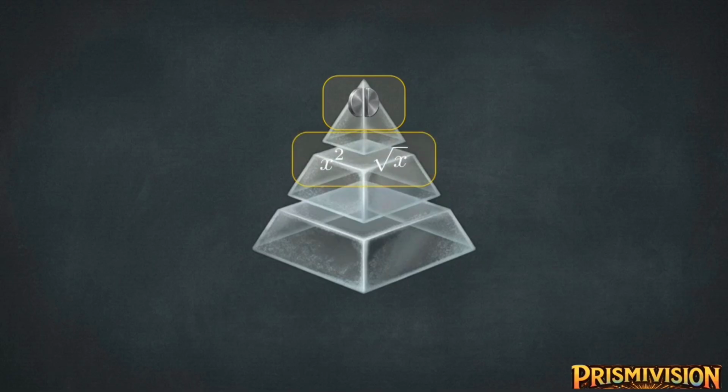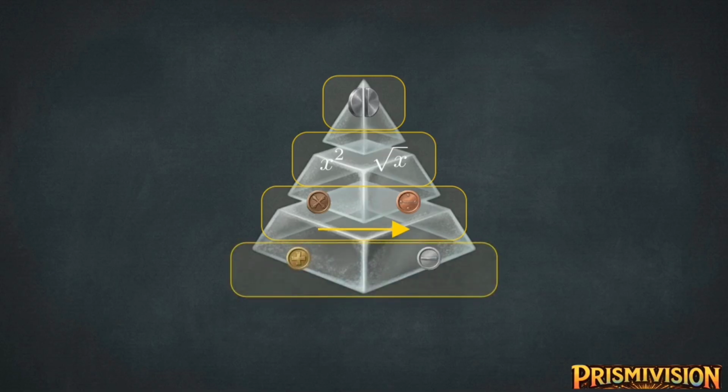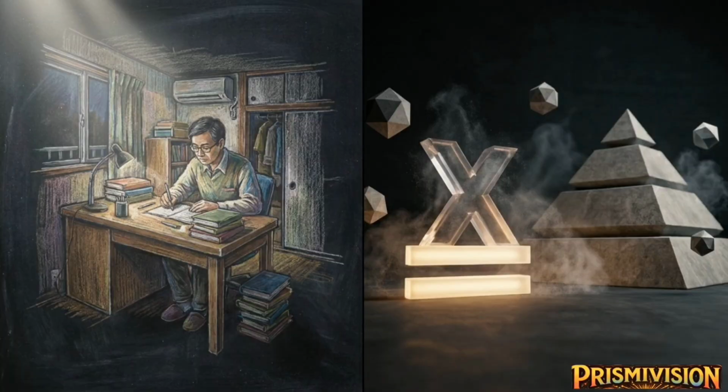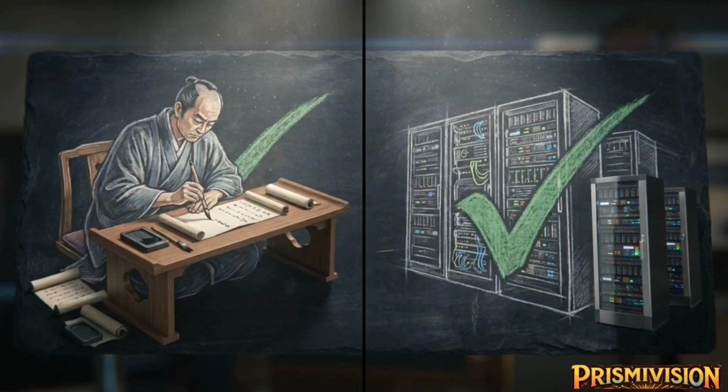The next layer down handles multiplication and division. These hold the exact same priority as each other, so you simply execute them in order from left to right. Finally, addition and subtraction share the foundation, again worked across from left to right. Sticking strictly to this order ensures that whether an equation is being solved by a student in Tokyo or a server farm in California, everyone arrives at the exact same reproducible result.